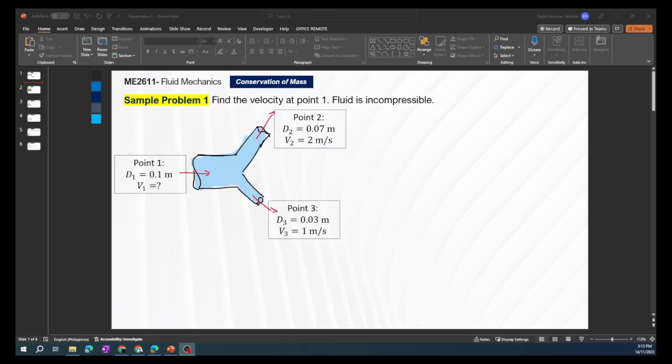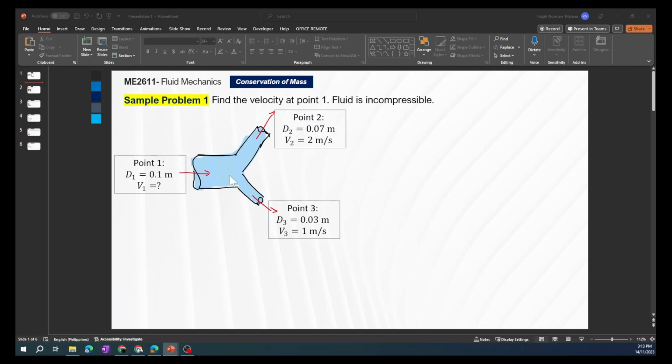All right, so let's start with a few sample problems. Let's start with this one, a sample for conservation of mass. Say we have this particular inlet and outlet here, and this is the control volume region.